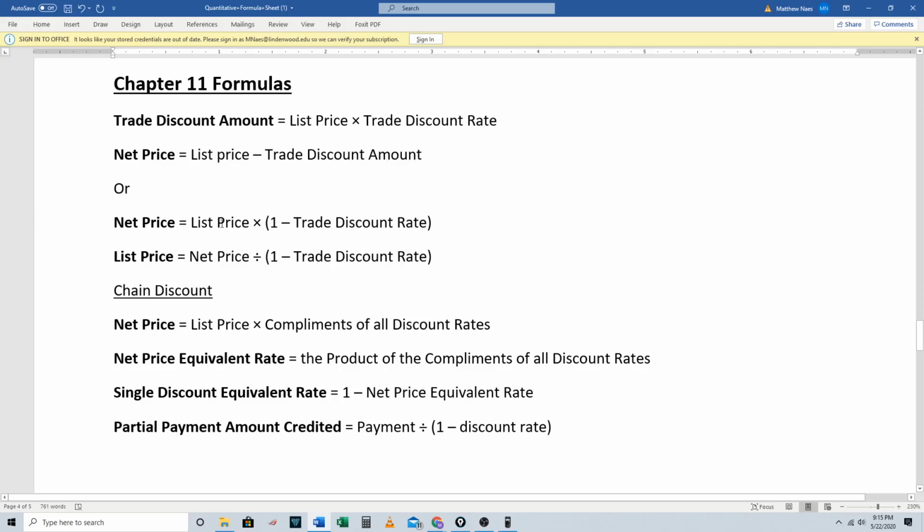Or if you're finding net price could equal list price times 1 minus the trade discount rate. And list price equal to net price divided by 1 minus the trade discount rate. So these are just some formulas when it comes to regular discount. And then there's chain discount. Now I'm not certain I stated these correctly, but we'll see, okay? The formulas are correct, but how these are in order of the words may not be correct, but you'll get the idea.